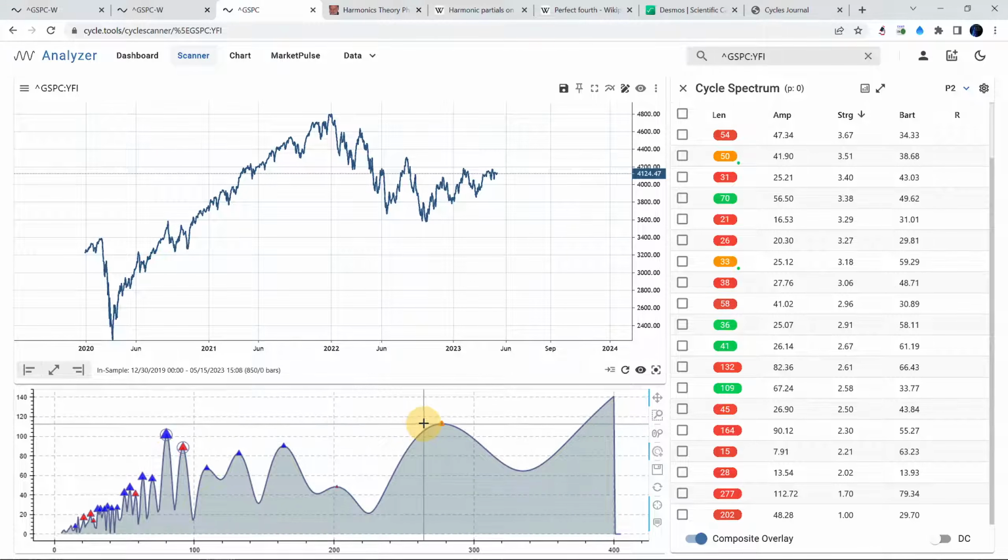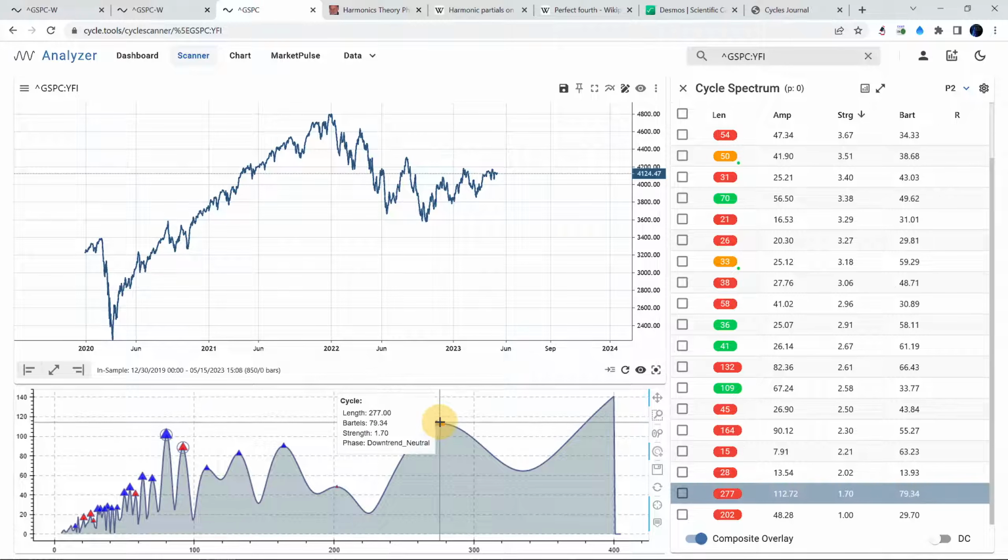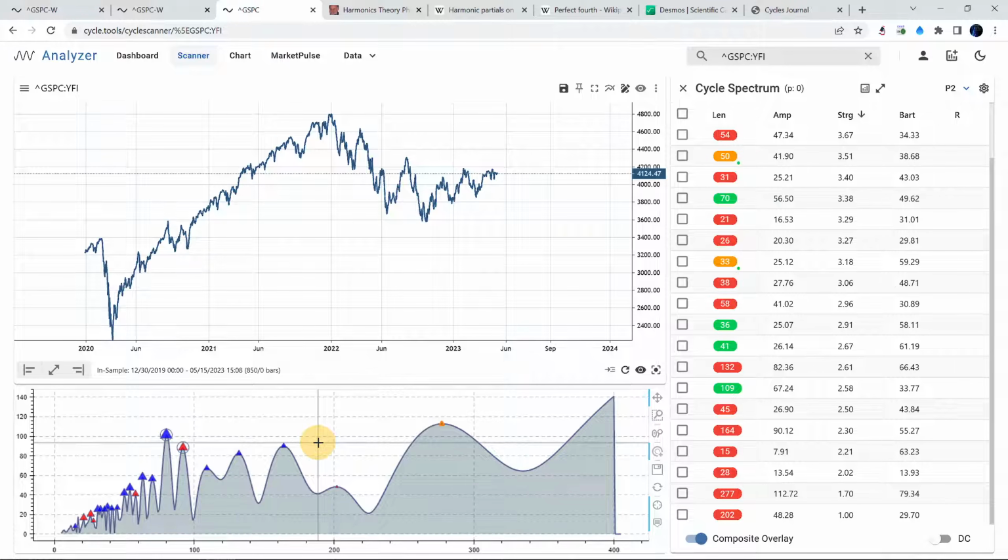And now you look at the spectrum, and it's not as easy as in the past to really pick. So which cycle peak from the spectrum should I use now? This one? This one? This one? Or maybe even better, that one? So that's often a challenge we are facing as cycle analysts when working with this kind of spectrum information.